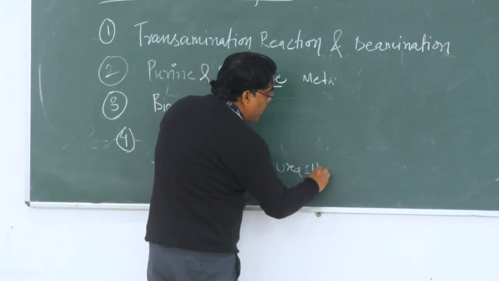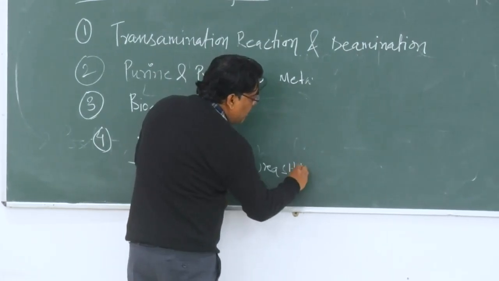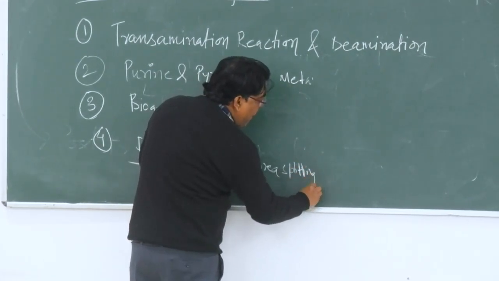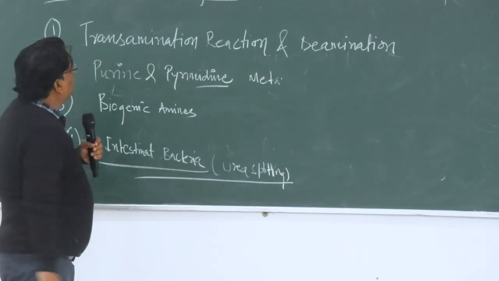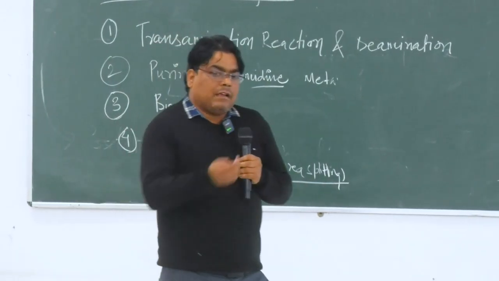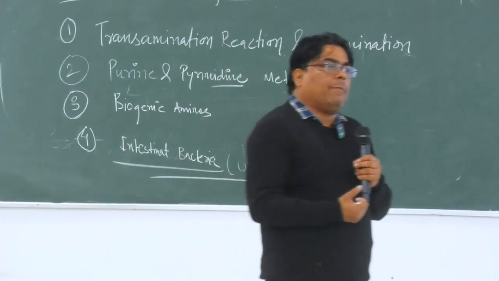Urea splitting. So these are the first sources of ammonia.